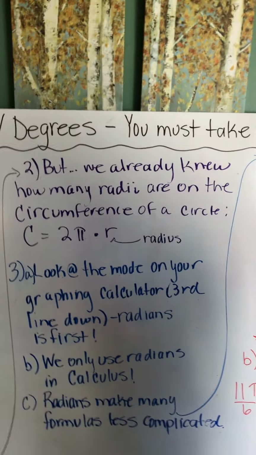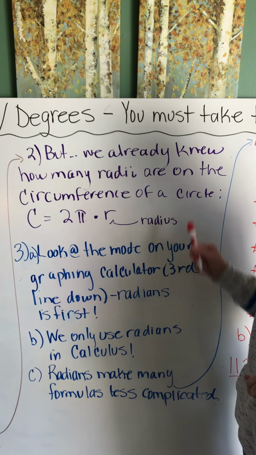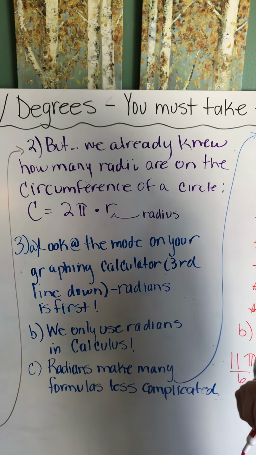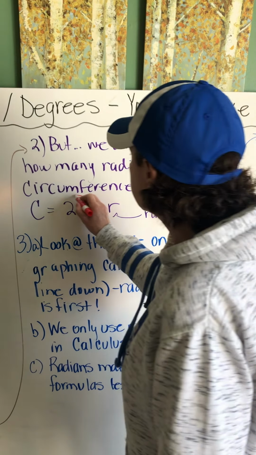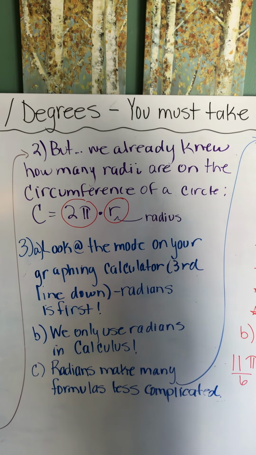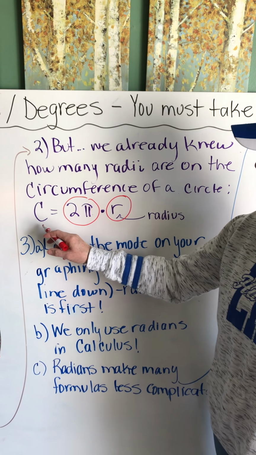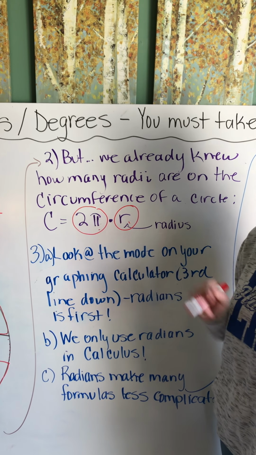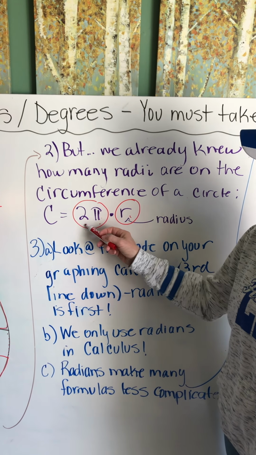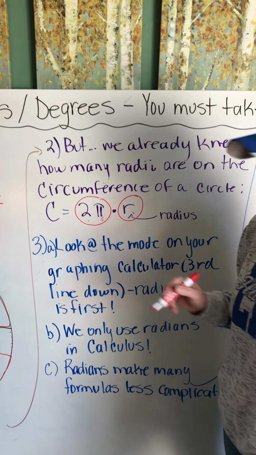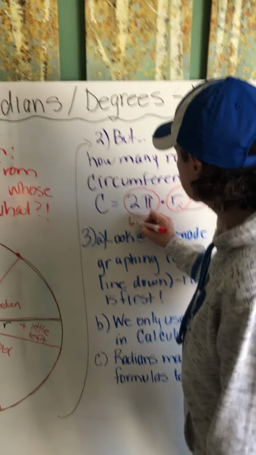We knew because one of the formulas for the circumference of a circle is 2 pi times the radius. In other words, the circumference has a radius on it 2 pi times. Pi is about 3.14, and 2 times that is about 6.28.